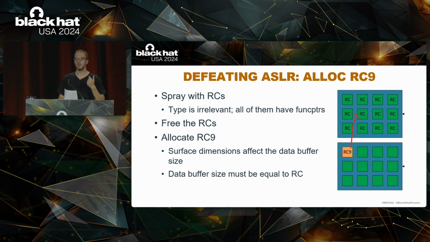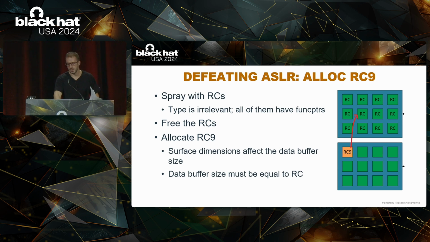I will be careful while calculating the dimensions of this resource container type 9, because I want the data buffer that will be allocated when the constructor of the resource container is created to be equal in size to the resource container of the first spray. This will probably result in reclaiming a heap chunk from the resource containers in the beginning. And mind you that those resource containers have function pointers.